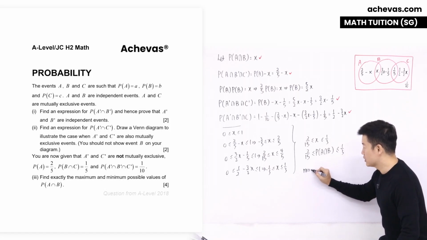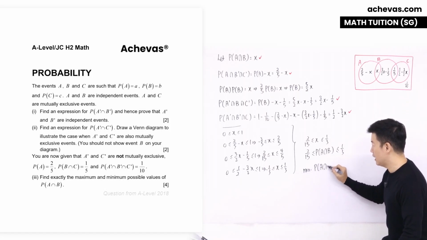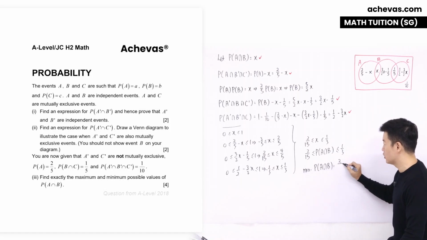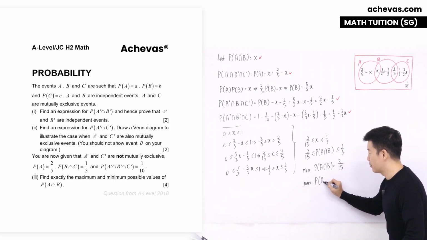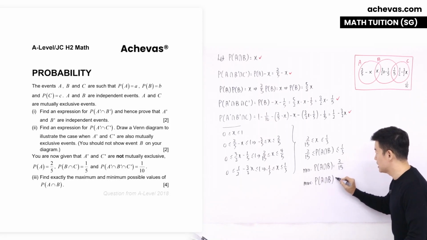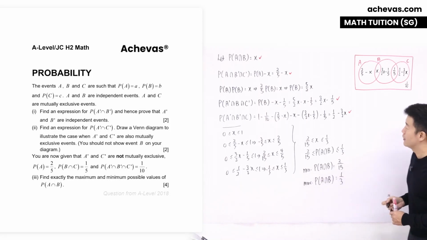The minimum possible value for the probability of A intersect B is equal to 2 over 15, and the maximum possible value of the probability of A intersect B is equal to 1 over 3.